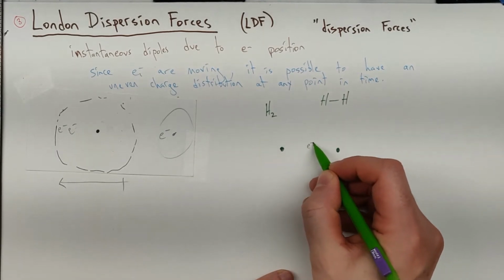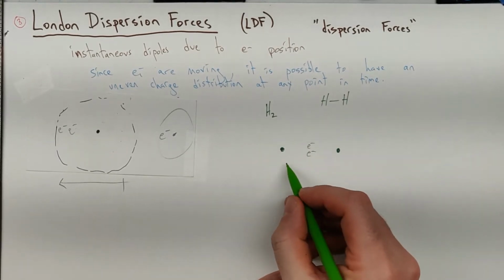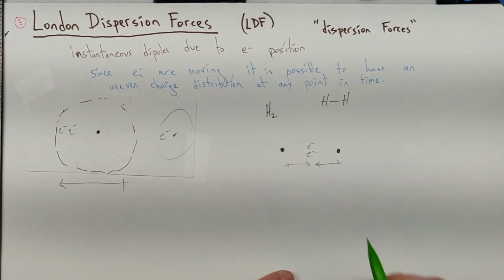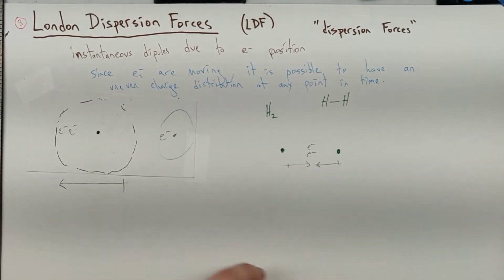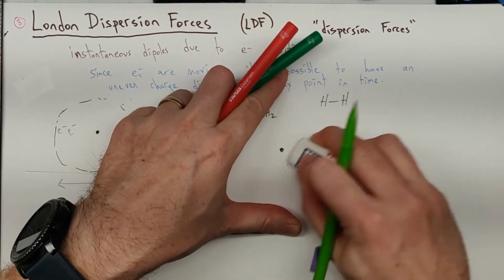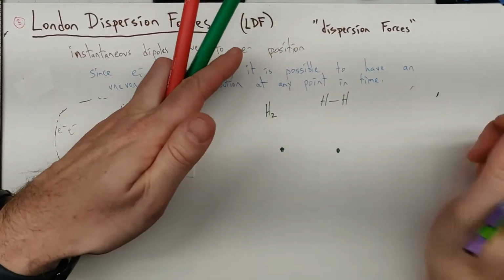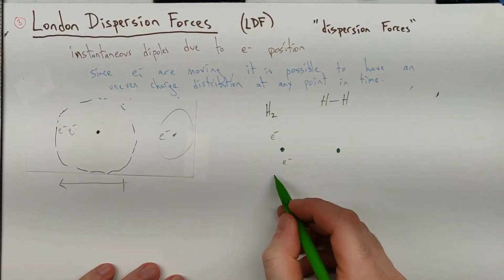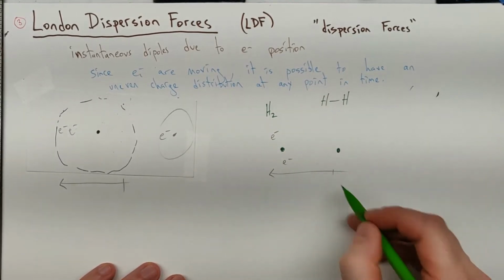So maybe I'll put my electrons right there for now. And we have maybe a dipole that way and a dipole that way that will then cancel out. In reality, though, those electrons are moving, and at some point in time, you might have a situation where both the electrons are over here, where you have a clear dipole in that direction.